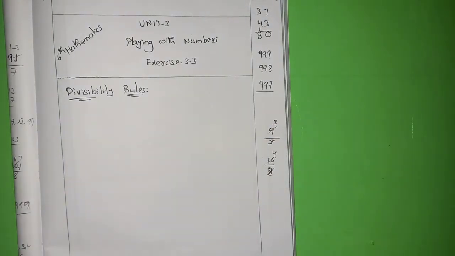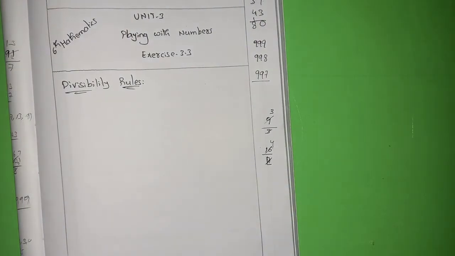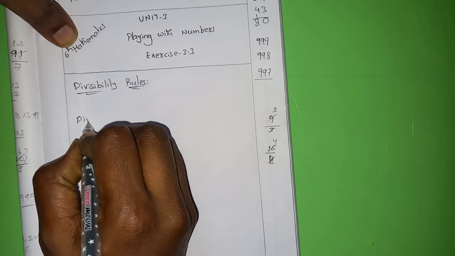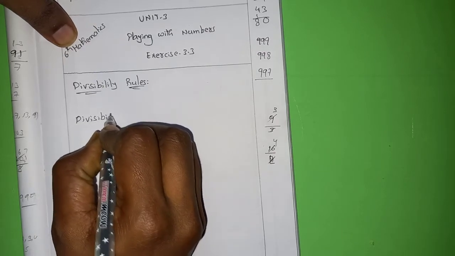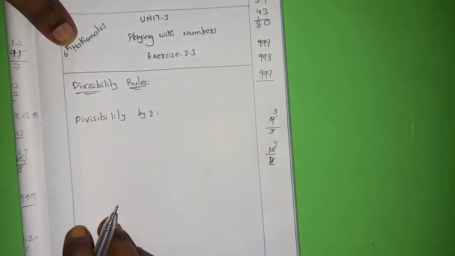Okay, so by seeing one number, you should be able to understand whether that number is divisible by 2 or not. So these divisibility rules I will tell number wise. Divisibility by 2.